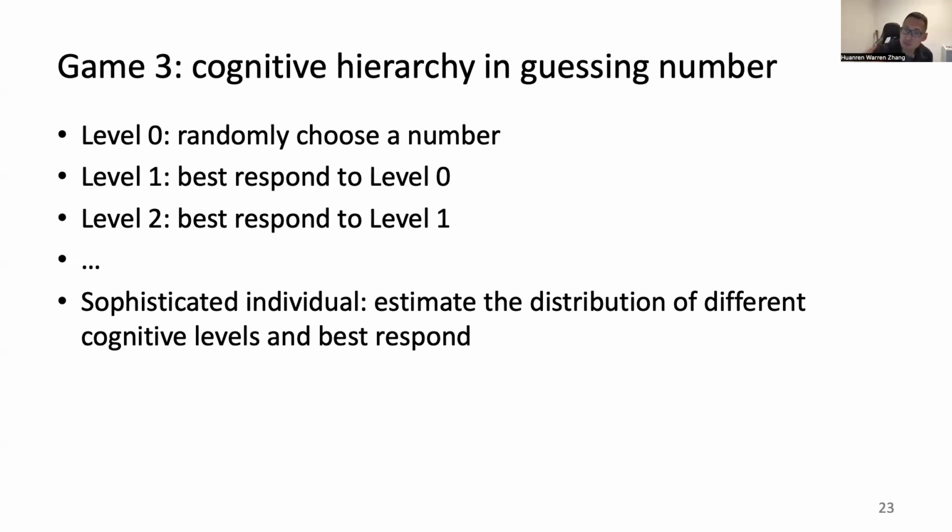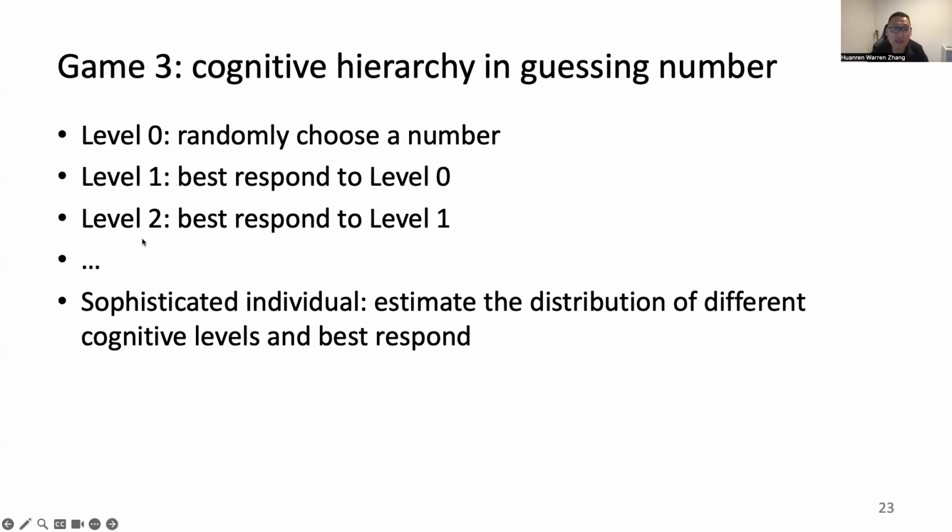And if you are more sophisticated than level 1, you are level 2, and you assume that everyone else is level 1, then you would best respond to level 1, right? So you will choose 2/3 of 33, and that is 22. Okay, and you can keep this process of reasoning.